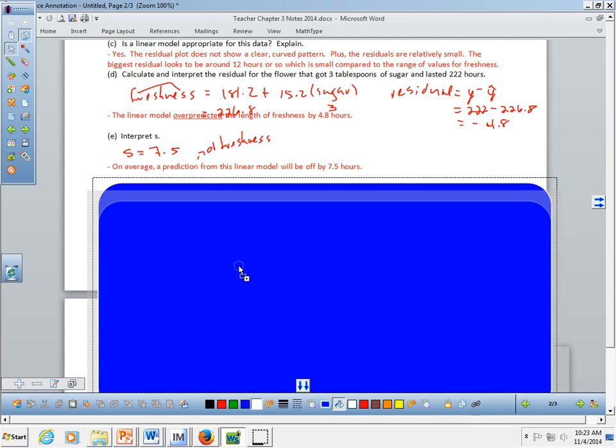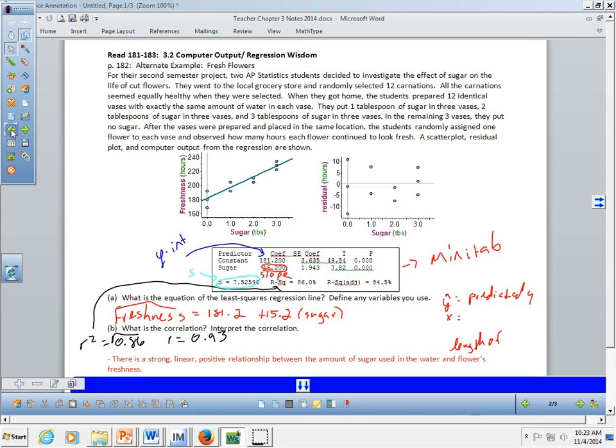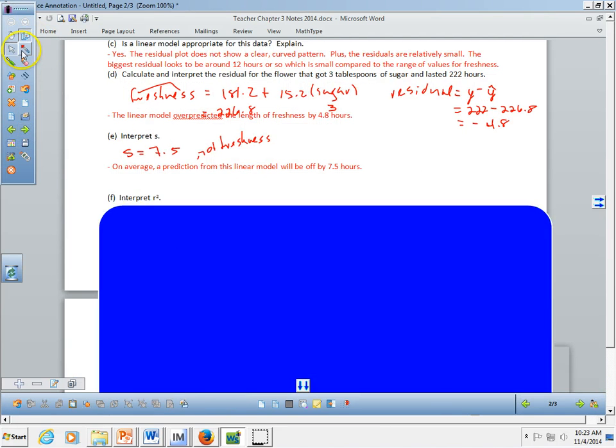Okay? And then last question, interpret R squared. We already know where R squared is. We've already used it. R squared was just right here as R squared. We're not going to use R squared adjusted. That's for later. But for right now, our R squared is 0.86. What does that mean? We just did this in homework today.